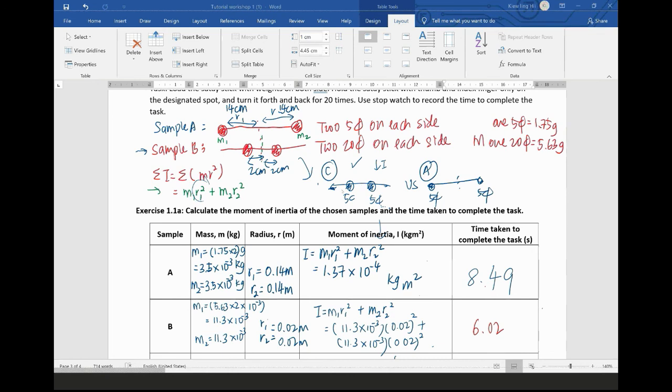The moment of inertia depends on the mass on both sides and also the radius, the distance between the center of rotation and where your mass is located. This is only 2 centimeters, as compared to this one, from here to here is 14 centimeters. So definitely C will still move the fastest.